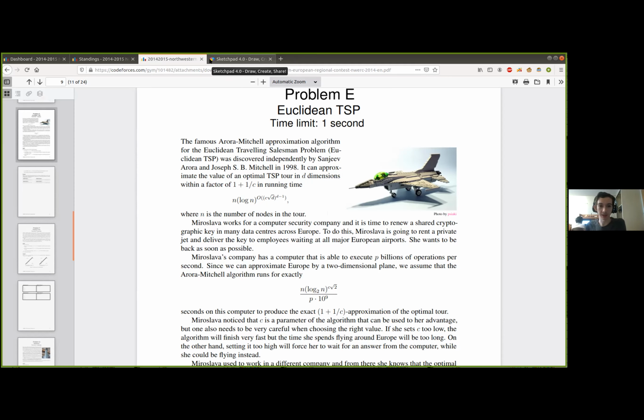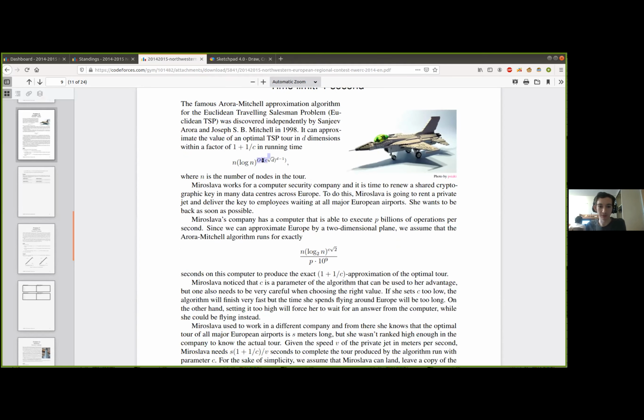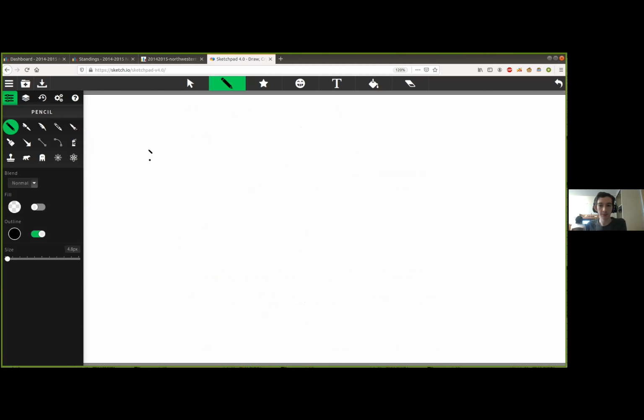Instead, there's an approximation algorithm that takes a certain amount of time to run. Let's say we want a solution within c times the optimal solution.